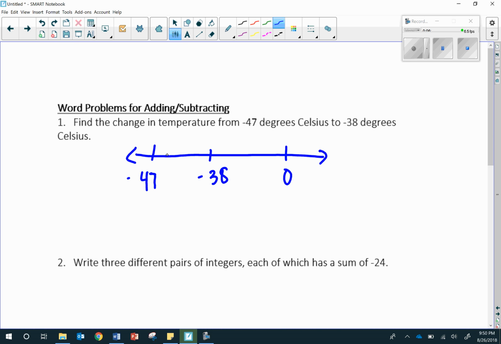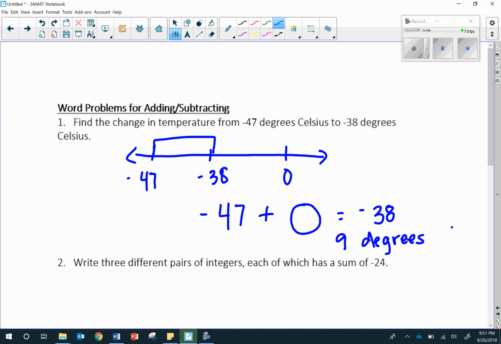We want to find the difference in these two numbers, or how many spaces are in fact between those numbers. So negative 47 plus what number is going to give us negative 38? The change in temperature should be 9 degrees Celsius.